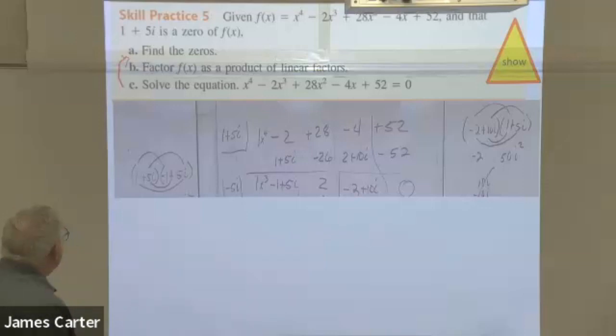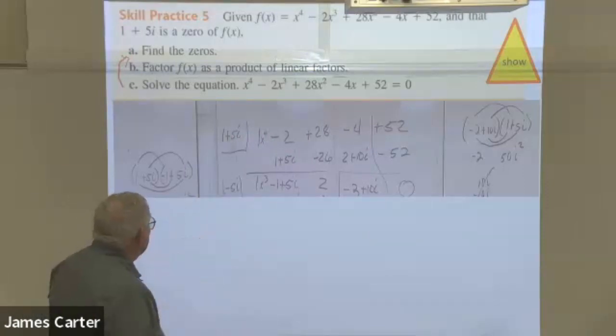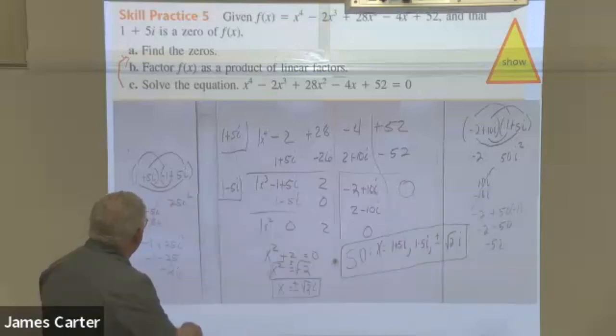Well, anyway, here we did the division, and I don't want to go through this because we went through one very similar to it earlier. Got a zero remainder. Now we're going to do the division with its conjugate. And we get this stuff. X squared plus 2 equals 0, rather.